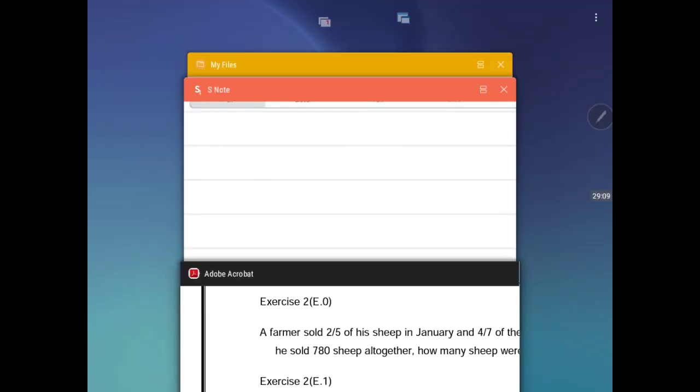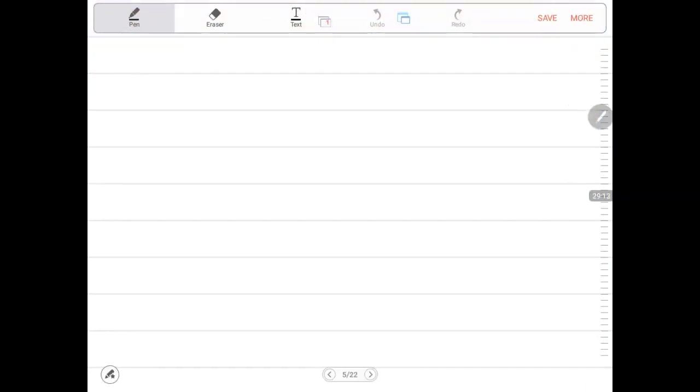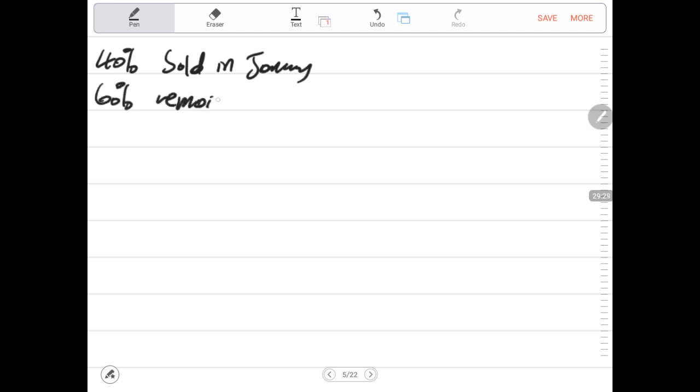Remember, we already know the numbers, but I still want to stress it. That 40% was sold in January, then 60% becomes the remainder.